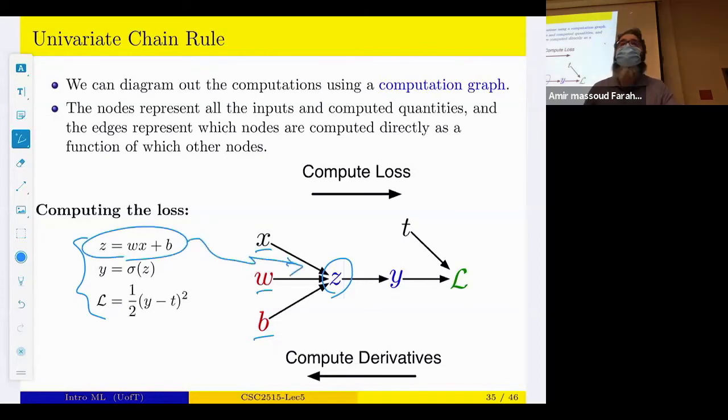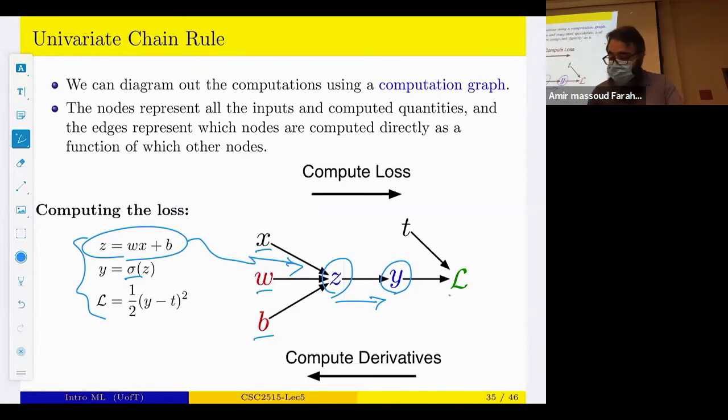Then there is a computation from Z to Y, another step. Here Y does not depend on X directly. It only depends on the information already available in Z.